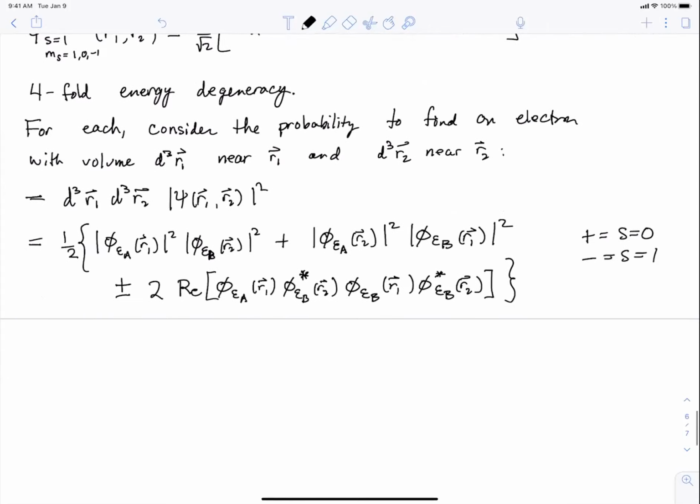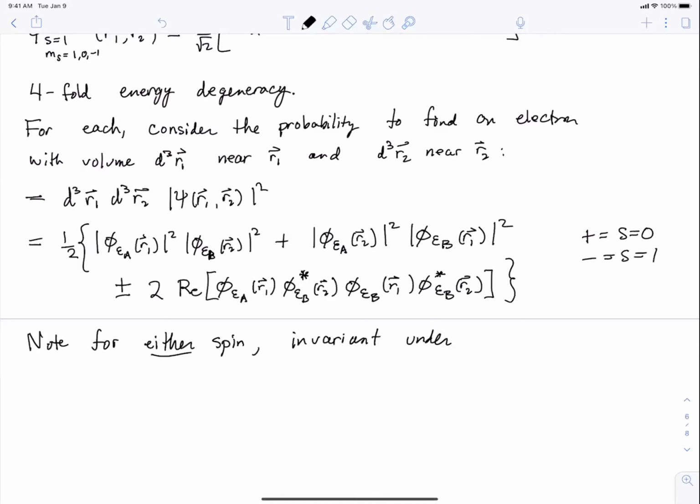Now one thing to notice is that for either one of the spins, this probability density is invariant under interchange of the 2 electron labels. So that's the way it had to be.